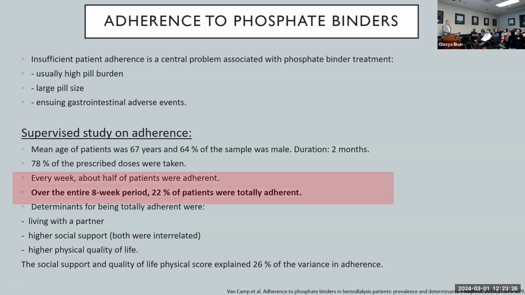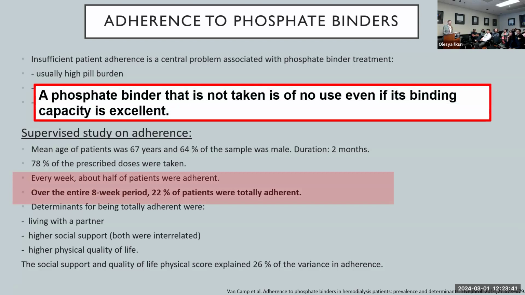And turns out that every week, only half of patients were adherent. And over the entire 8-week period, only 22% of patients were adherent. Right? And these are the study patients. So even the best phosphate binder, if it's not taken, is not going to lower phosphate level in the patient.